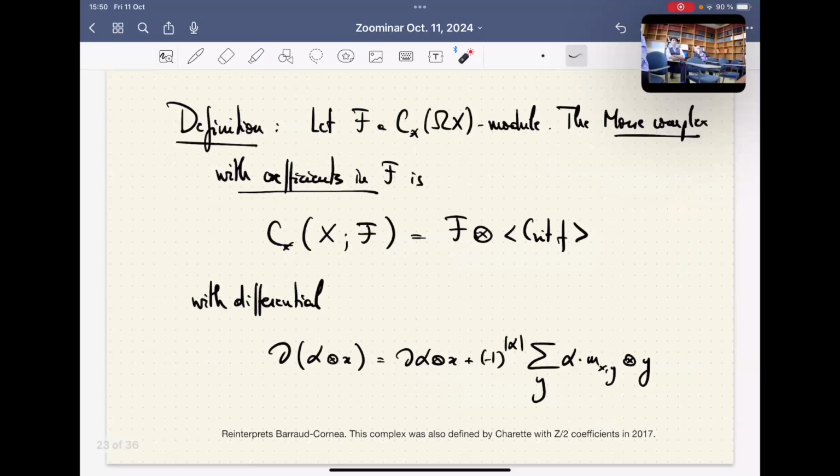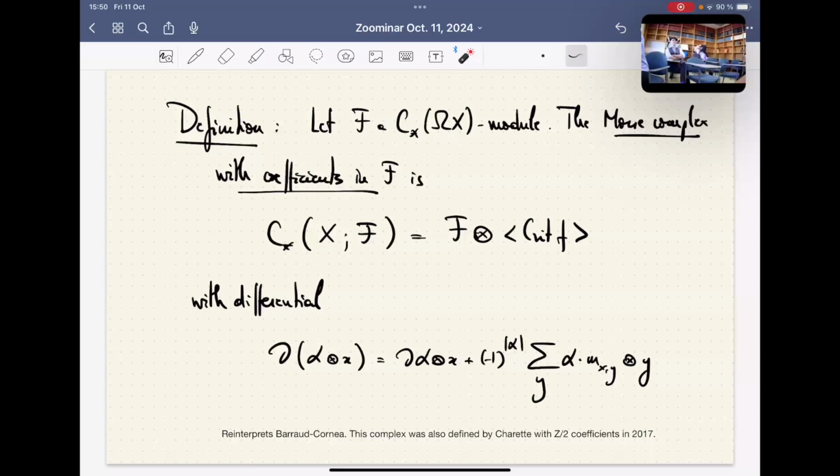The Morse complex with coefficients in a differential graded local system is obtained by just taking the tensor product. Here we think over Z, or whatever our favorite ground ring is, with a free abelian group generated by the critical points.